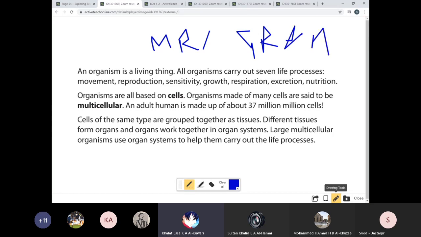Organisms made of many cells are said to be multicellular. An adult human is multicellular, made up of about 37 million cells. Cells of the same type are grouped together as tissues. Different tissues form organs, and organs work together in an organ system. Large multicellular organisms use organ systems to help them carry out the life processes.